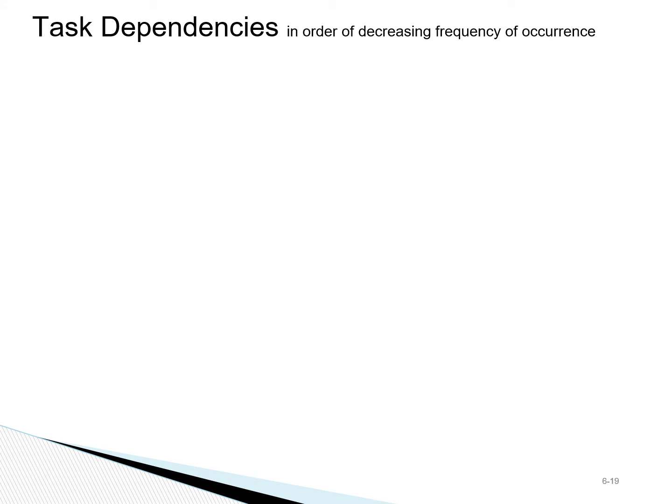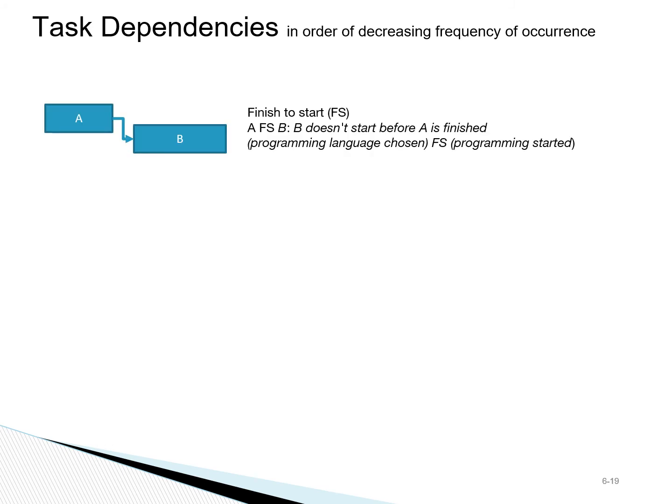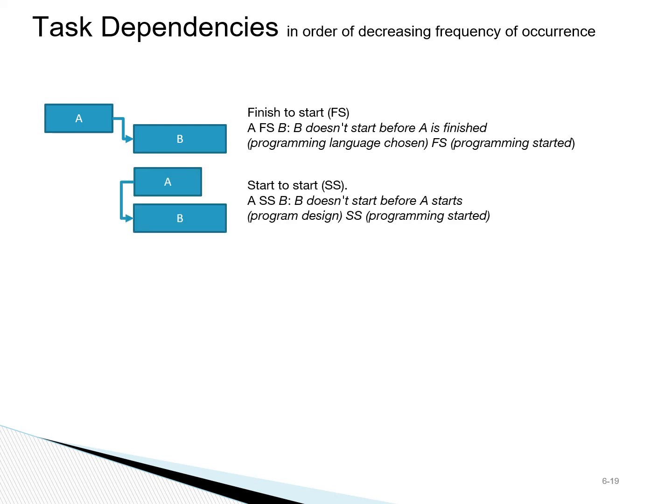When we want to sequence activities, we may encounter 4 different types of dependencies. The most common dependency is finish to start. Task A has to be finished before task B is started. For example, a programming language needs to be chosen before programming can start.